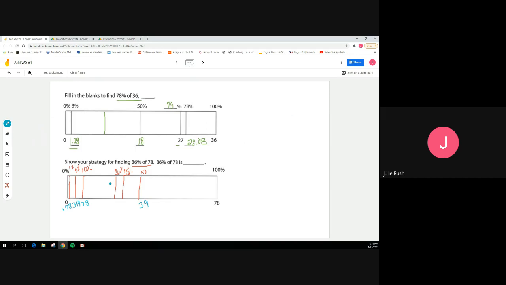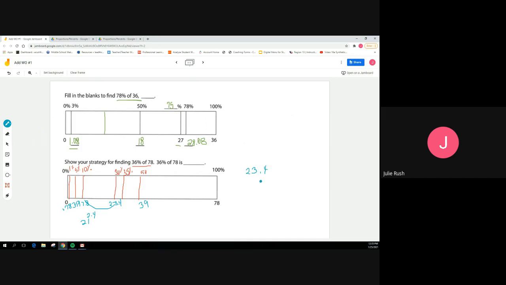The 30 we can get by doubling, or we can multiply. I multiplied 10 times 3, so I'm going to do 7.8 times 3, because I know that 3 times 8 is 24, and 3 times 7 is 21. So this gives me 23.4 here for 30%. So I have 23.4 for my 30.